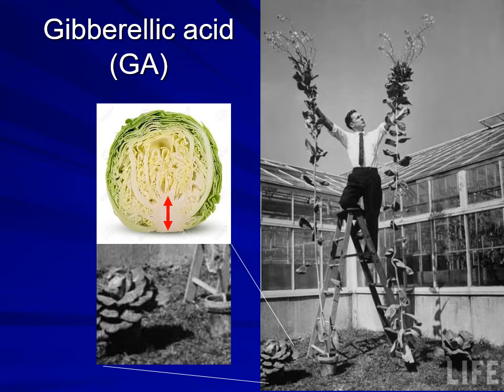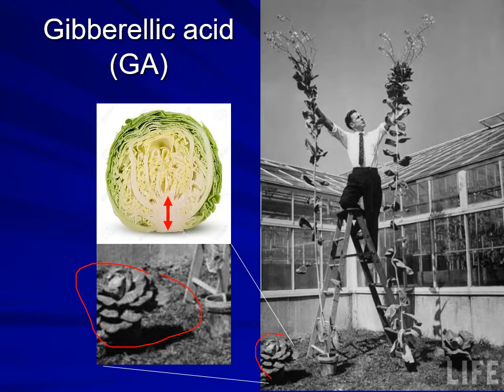Classic example is if you spray cabbage. So in this picture, you can see that the stem of the cabbage is quite compressed. So here's your apical meristem. And all the leaves are rolled up into each other, right? It's absolutely compressed. And so this really cool old photograph that I got off the internet from the Life magazine, you'll see I zoomed in here.